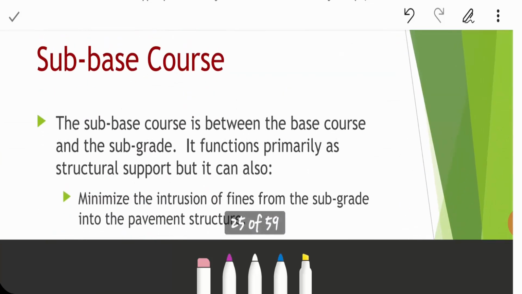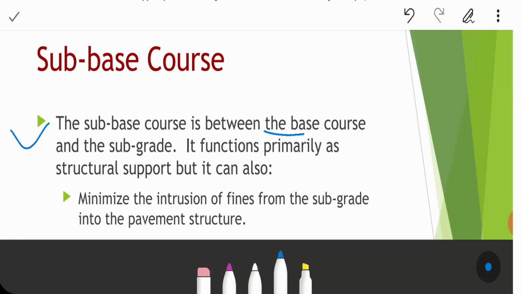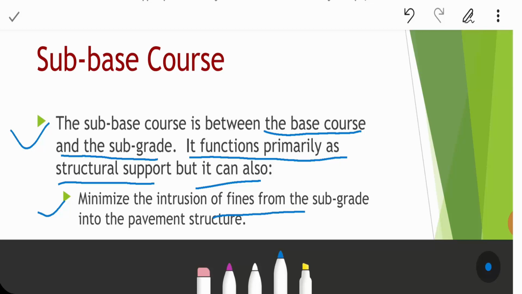Now the sub-base course in detail. The sub-base course is between the base course and subgrade. It functions primarily as structural support, but it can also minimize the intrusion of fines from the subgrade into the pavement structure.